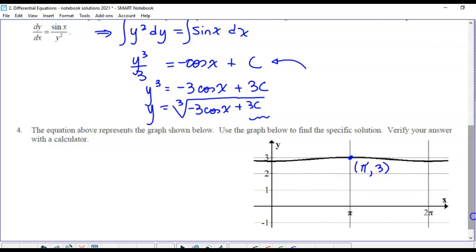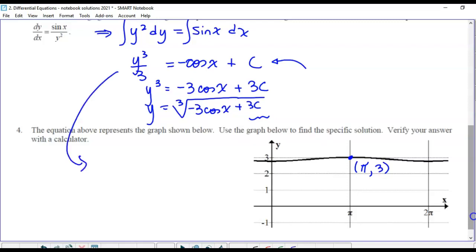Okay, so for your c, I might actually go back up to this version here. Or actually, no, because that's not y cubed over 3. I'm going to do that because then we can solve for c easily.